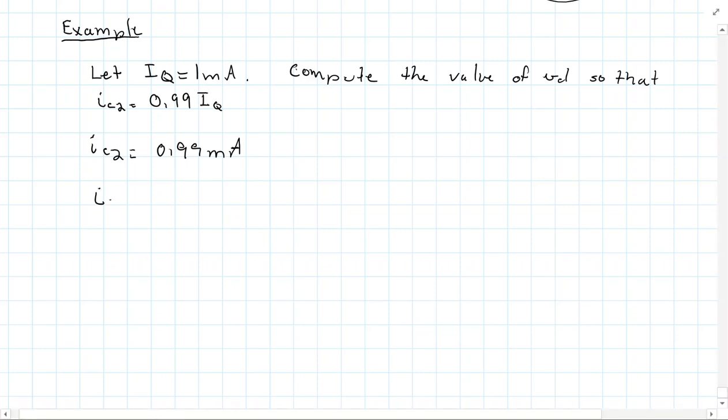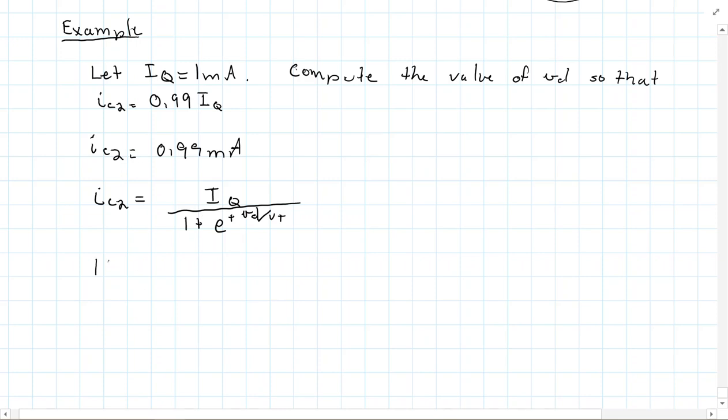What we have here is IC2, remember, is equal to IQ over 1 plus e to the negative VD over VT for IC2. I'm sorry, I forgot that. It's not negative, it's positive for IC2. I already messed the equation up there. Positive VD over VT. And so I'm just going to quickly solve this algebraically for VD.